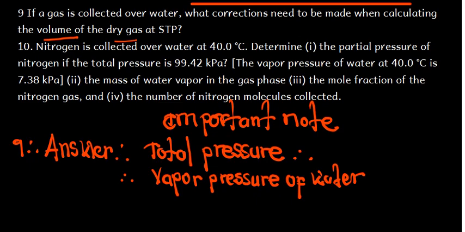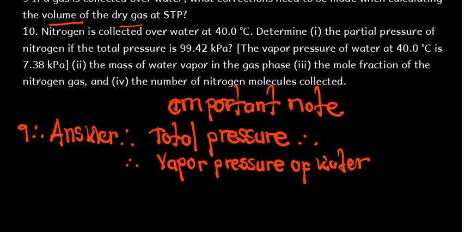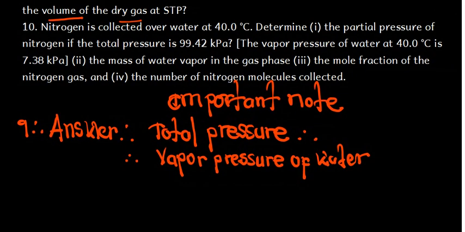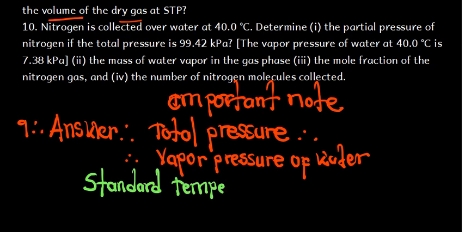And the other thing that I need to emphasize here is that when they mention STP, they're talking about standard pressure. Okay, when they mention STP, they're talking about standard temperature, right? Standard temperature and pressure. That is exactly what they're talking about there.